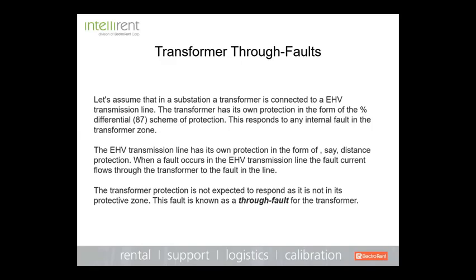But with a transformer, it's not really expected to respond to a through fault. There's nothing in the protection system of the transformer that protects it in the event of a through fault. If you have a fault down in the transmission system, by the time your distance relay or your differential relay takes that system offline, the through faults are already gone through that transformer. So this presents a bit of a problem.